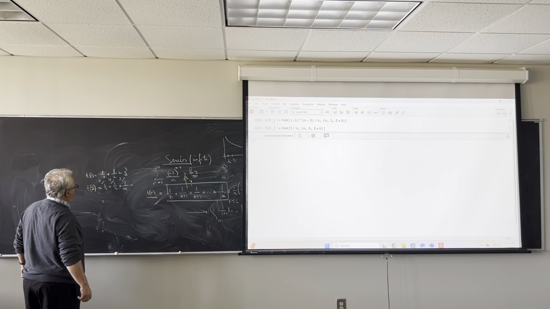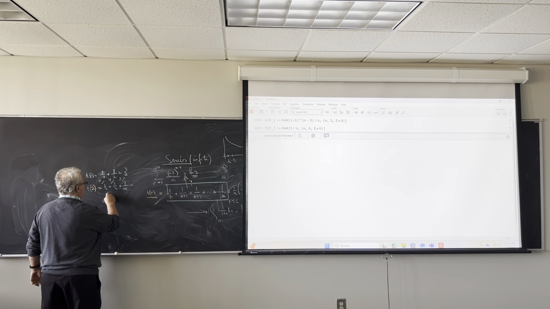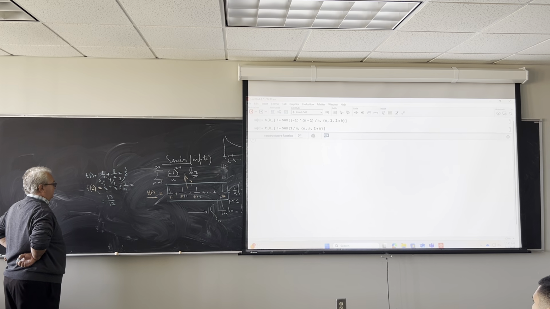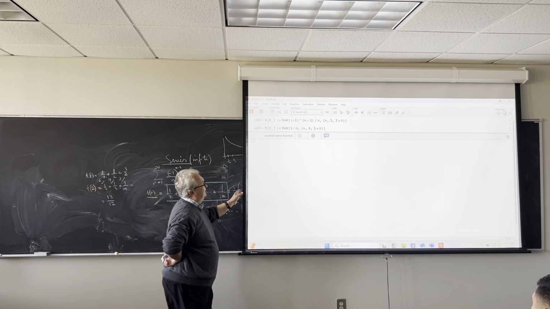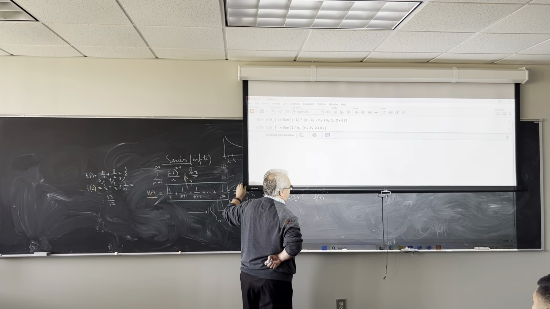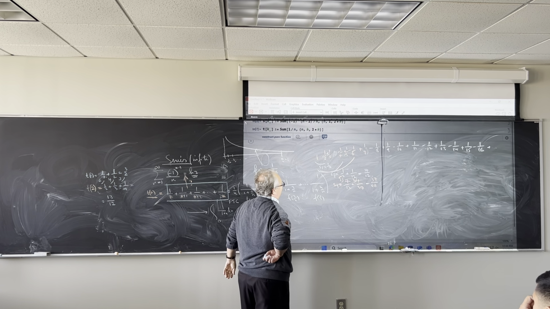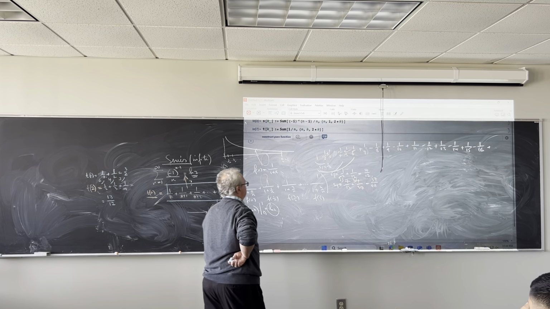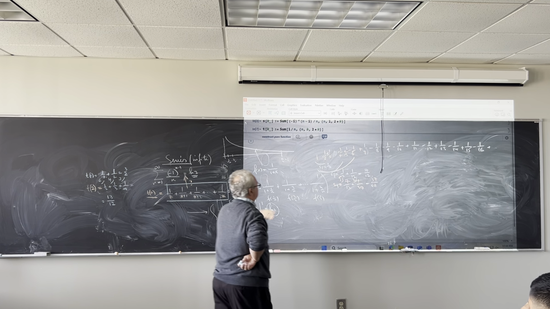Okay, so if we add them together, what do we get? 13 over 12. Well, that's kind of close to what we did earlier, right? S1 was 1/2. S2 was 7/12, right? And so, what's the difference?